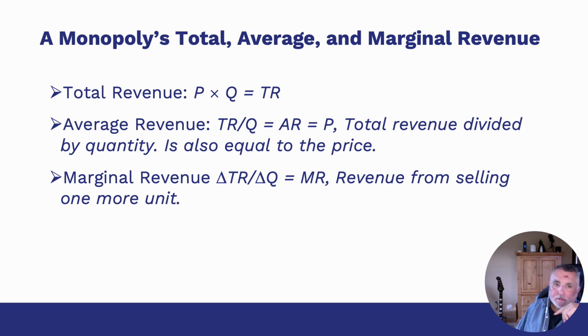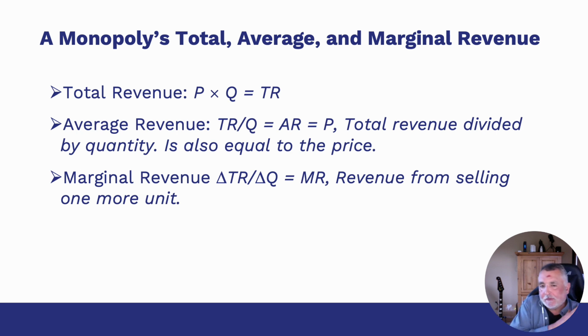So average revenue is total revenue divided by quantity, just like it is for the perfect competitor. Average revenue is equal to the price, and all of that is exactly the same. The difference between a monopoly and a perfect competitor is that the marginal revenue separates from the average revenue.